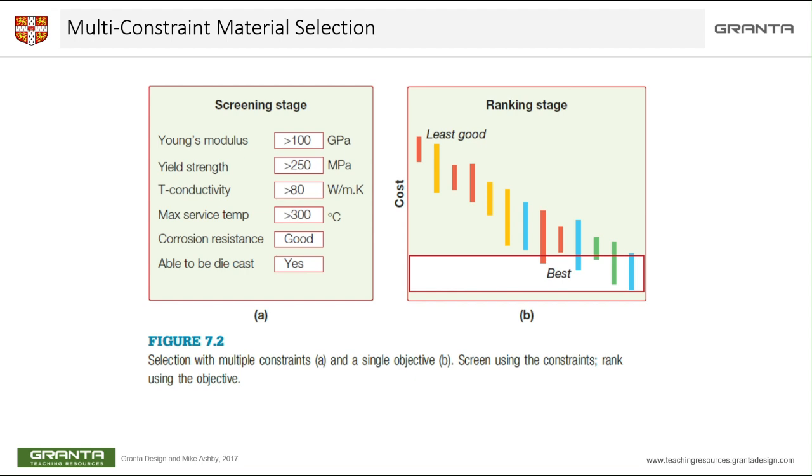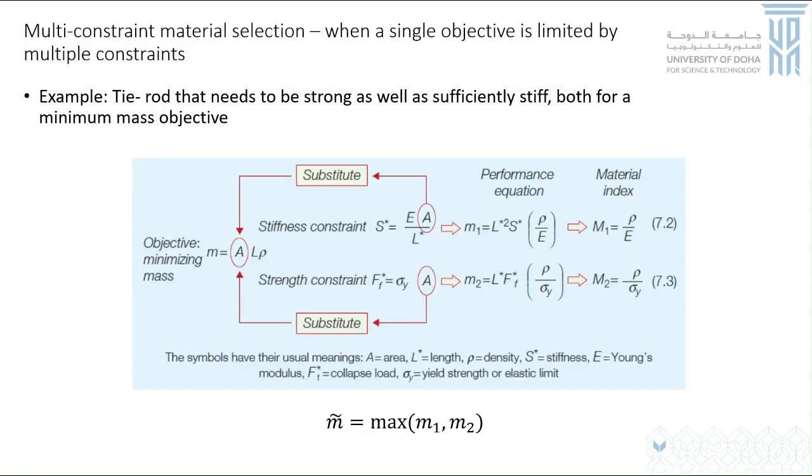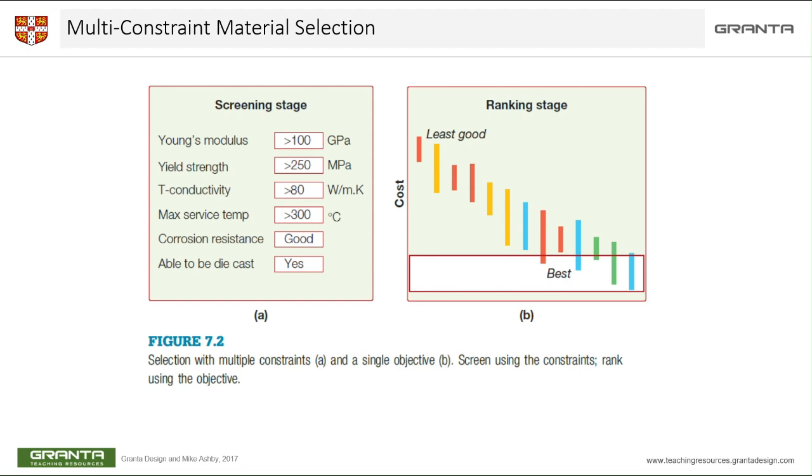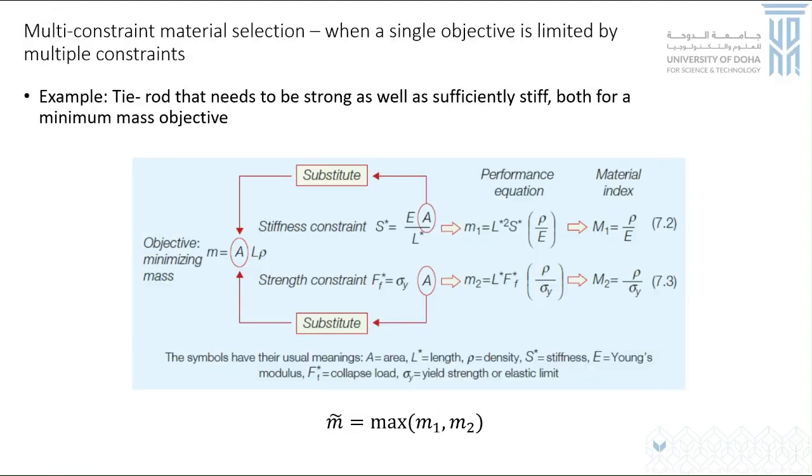To reflect upon this previous selection attribute that we just did for the simple case, let's take a practical simple example of a tie rod. Of course, the tie rod is an approximation of a mechanical function that you find in so many machines and devices.